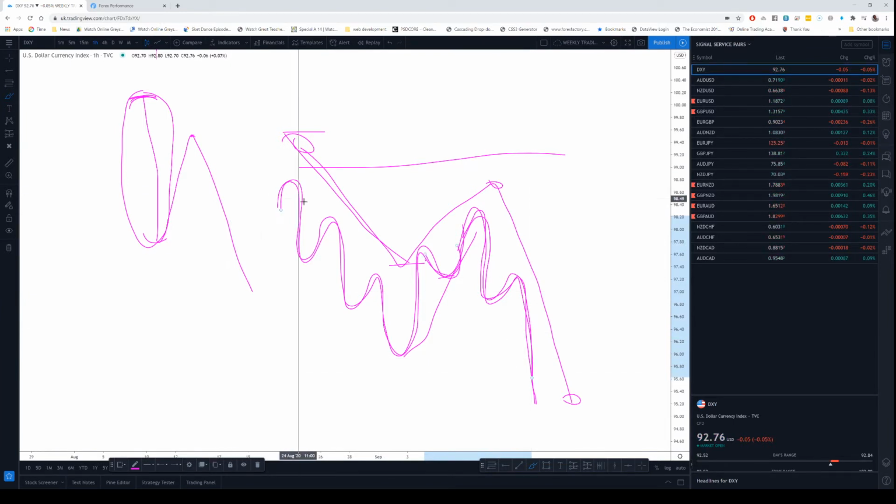Okay, so you need to be able to determine the major swing high on the 4-hour or the 1-hour. If you're trading with the 4-hour, you need to be able to determine, okay, where's my current swing high and swing low?